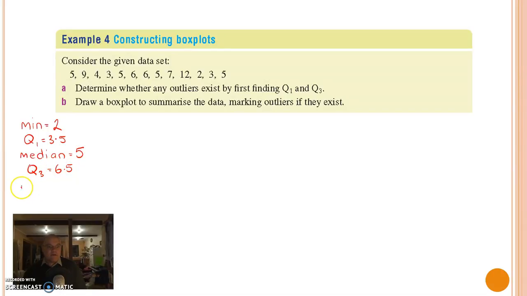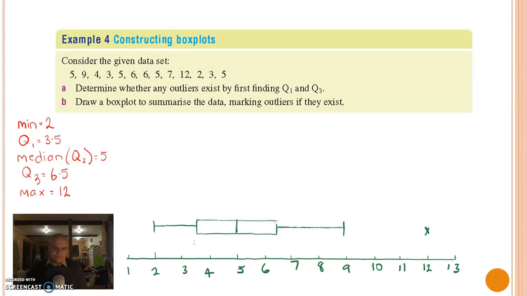Now our maximum value for the whole data set is 12, but as you remember, it's actually an outlier, and that outlier was 12. So our next maximum number in after that is a 9. So now as we actually draw our box plot, you can see we have all the values there.